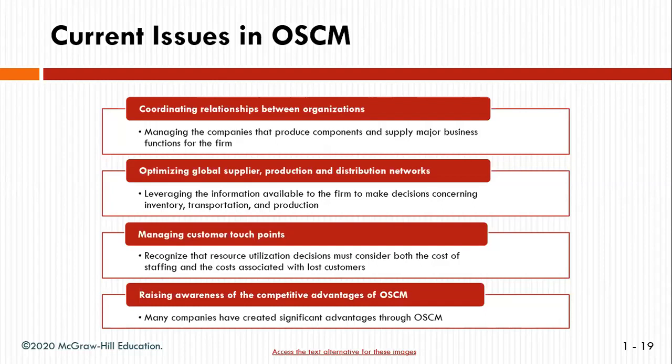Managing the customer's touch point, recognizing that the resource utilization decision must consider both the cost of staffing and the cost associated with the lost customer. And we spoke about the supermarket. You have tellers in a bank. You don't want to stay in a big lineup, because that sounds less effective, but you need to be efficient.